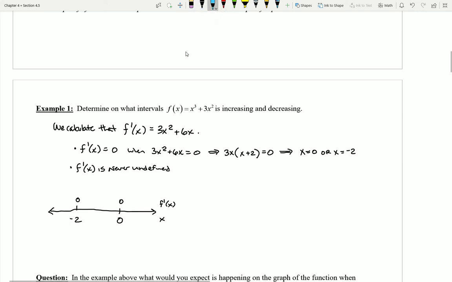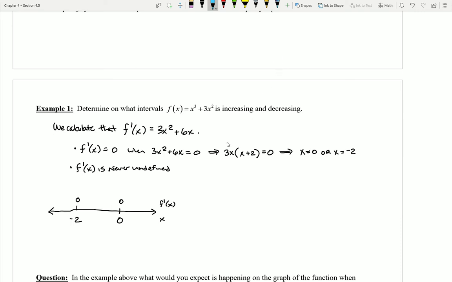If I was to plug in something like negative 3 into my derivative, I could plug it in any of these forms, whether it's factored or not. I'm going to focus on the factored form because I think it's a bit easier. Remember that I don't ultimately care about the value that I get back, but whether it's positive or negative. I care about the sign of the value.